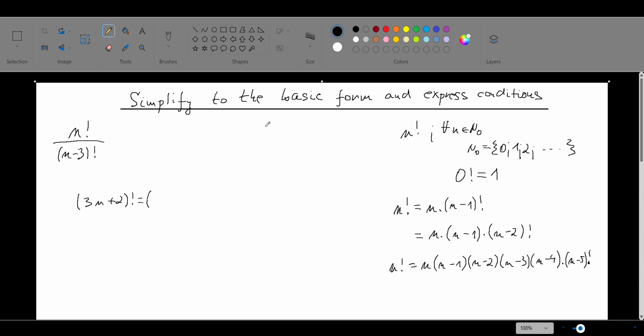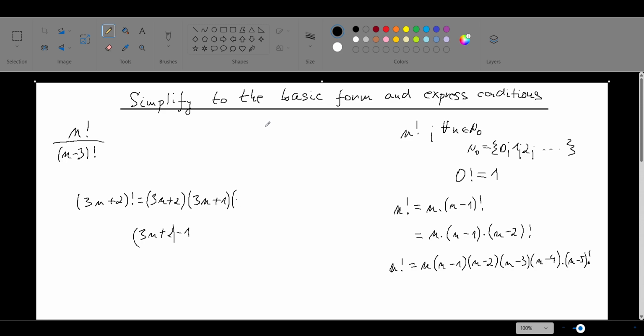So you start with 3n plus 2 times, and now you ask yourself what 3n plus 2 take away 1 is equal to, which means you just subtract the number 1 from the previous number. I'm pretty sure you can see that this is going to be equal to 3 times n plus 1.